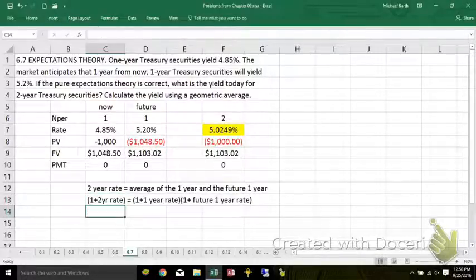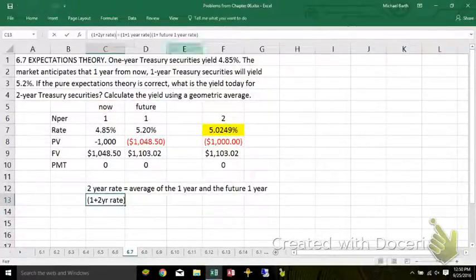Okay, that's a geometric average. And that'd be 1 plus the 2-year rate times 1 plus the 2-year rate, because I'm going to get it for both years.